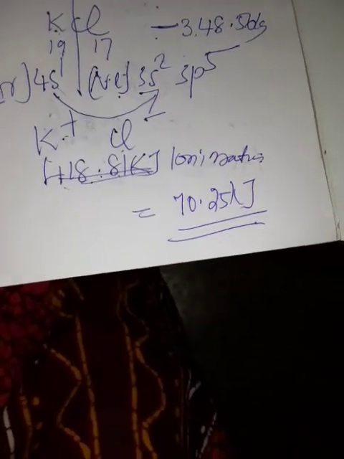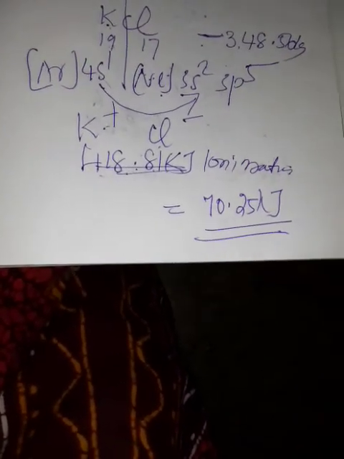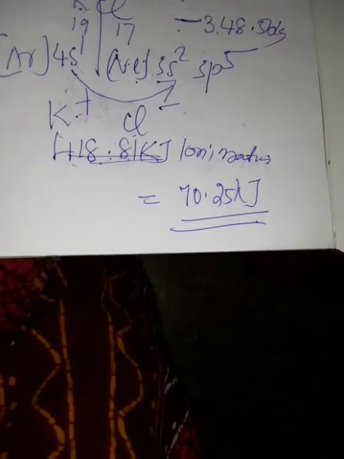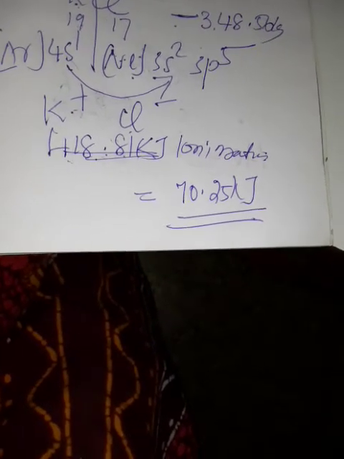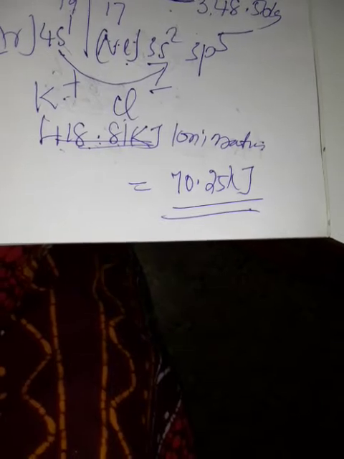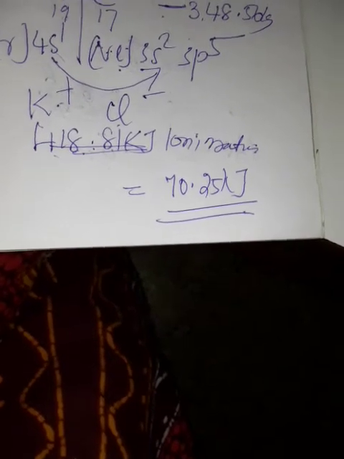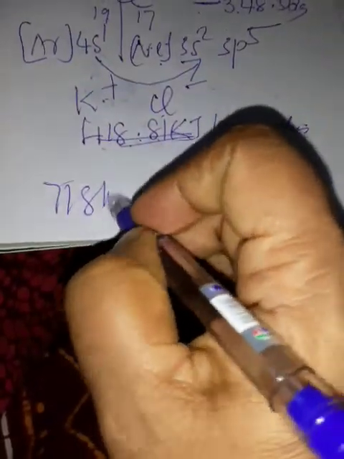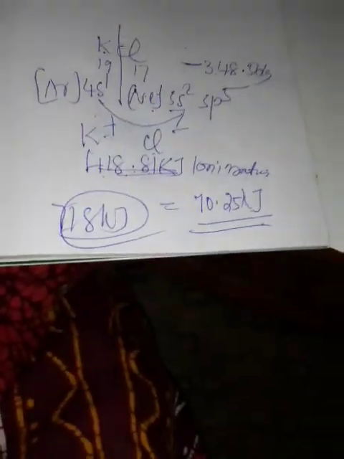However, during the formation of 1 mole of potassium chloride from its ions, 718 kilojoule of energy is released. This favors the formation of KCl and it stabilizes.